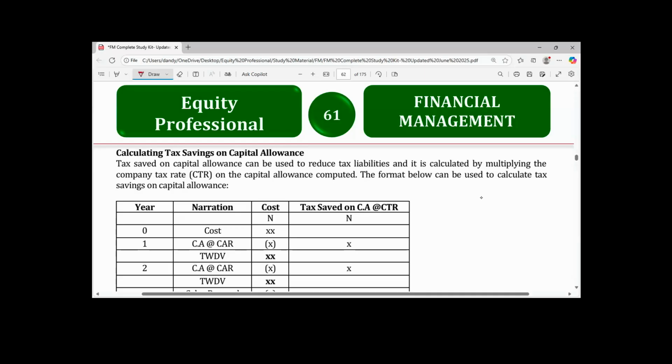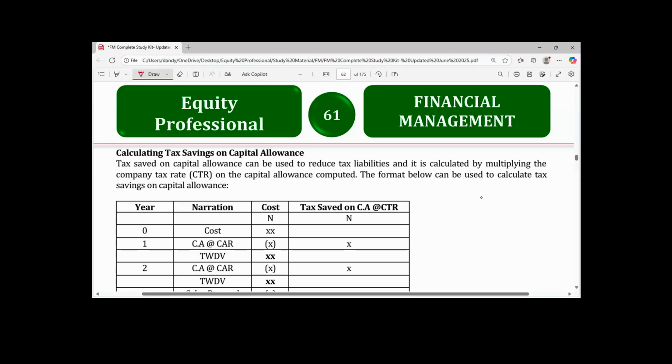We also talked about sunk costs, opportunity costs, how to treat depreciation, amortization, or provision when you see it in a question. Not only that, we also talked about interest. Should you include interest or ignore it when you see it in a question? We discussed that. Then finally, under the relevant cash flow, we also talked about working capital.